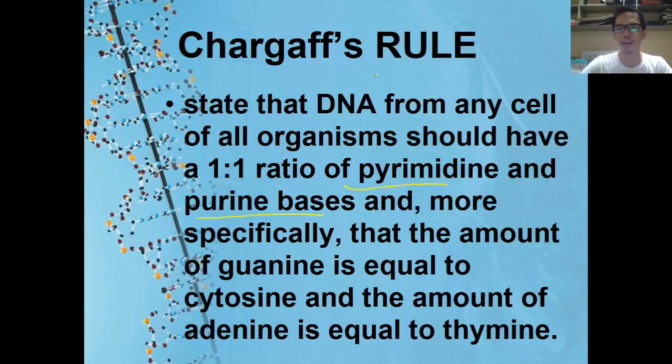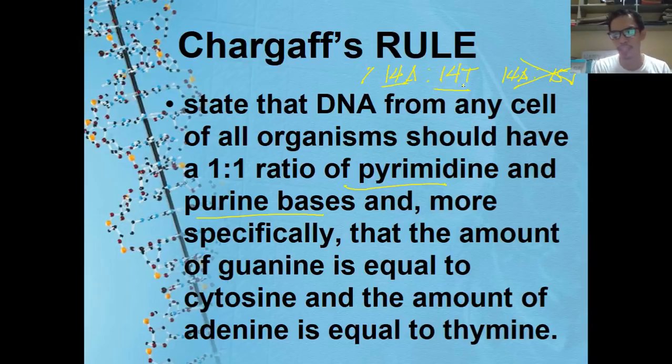If there are 14 adenine in that particular cell, then therefore it always has 14 thymine in that cell. In this particular rule, 14 adenine and 15 thymine will not exist. So it is always a 1:1 ratio of the pyrimidine and purine bases.